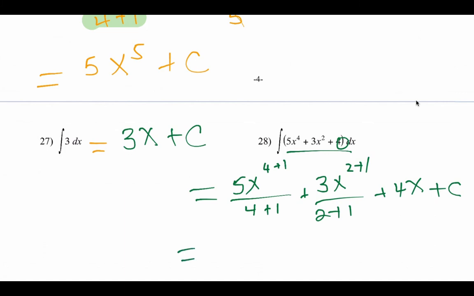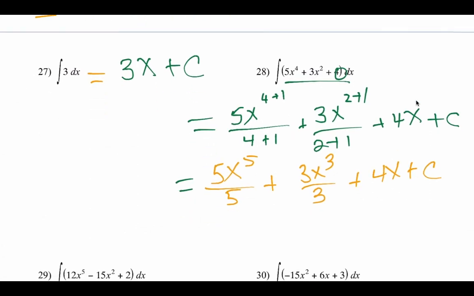So this is 5x to the 4th, 3x squared, 4. That gives 5x to the 5th divided by 5, plus 3x to the 3rd divided by 3, plus 4x plus c. I can simplify this one because the 5 will cancel out. So x to the 5th plus x to the 3rd plus 4x plus c.